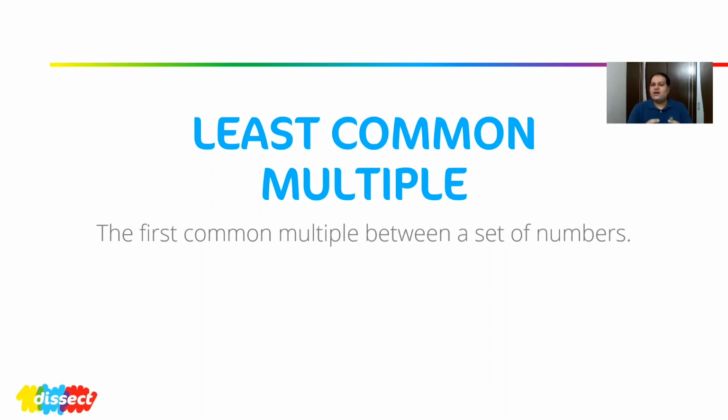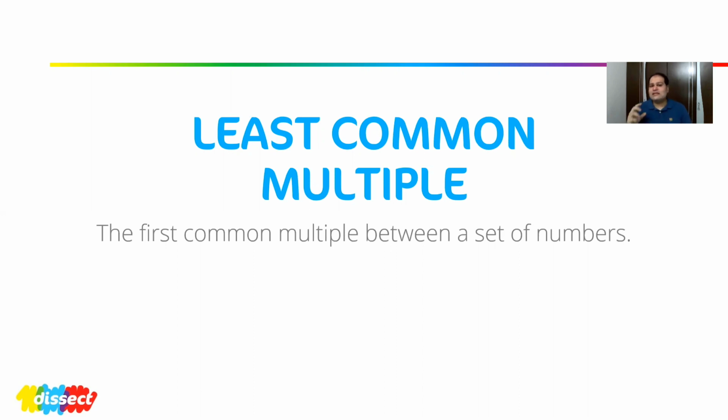Now, when you have two numbers, some of the multiples will be common, and whatever the common multiples, they keep on repeating after the same amount of intervals. So for example, for 2 and 3, the common multiple is 6.